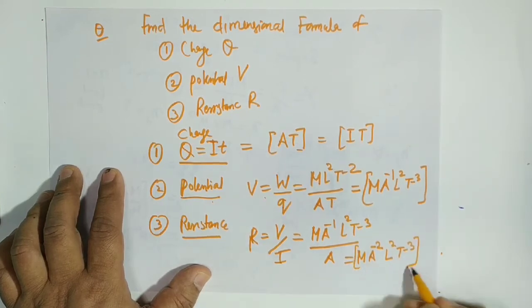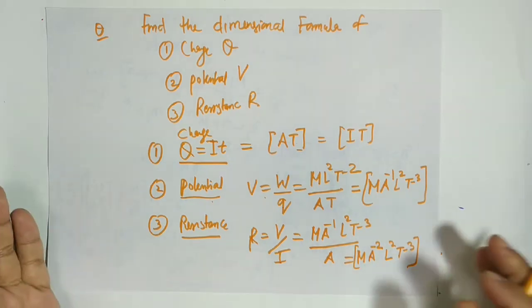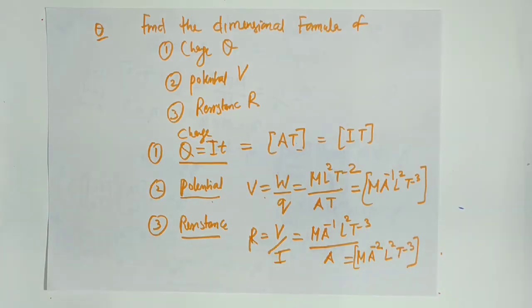So this is for resistance. Most of the electricity and magnetism and optics quantities will be asked in class 12th. So right now we are going to follow only the 11th quantities. So this is another thing which we have discussed.